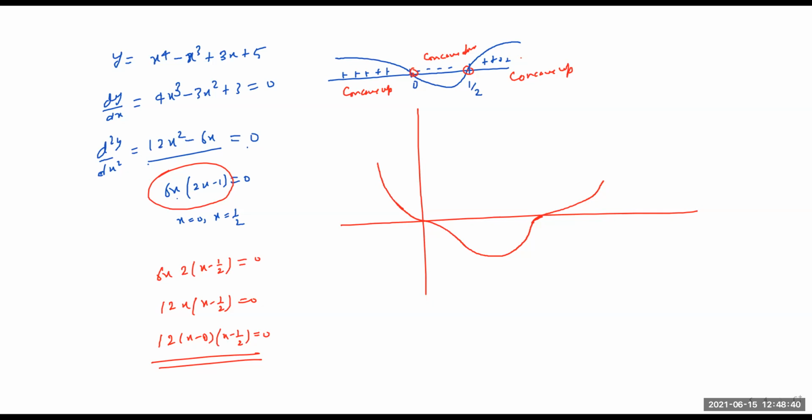Where is the graph? Sir, it is upward. It's up somewhere between 5. Yes, correct. Let me make it small.